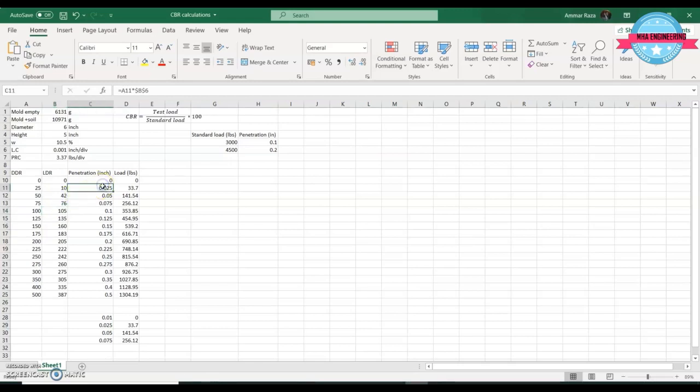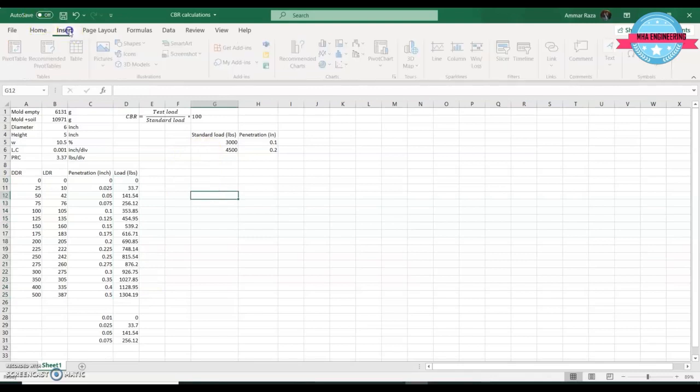So multiplying this entire column with 0.001, we have the penetration of the plunger over here, and multiplying this entire column with the PRC, we have the load applied over here.